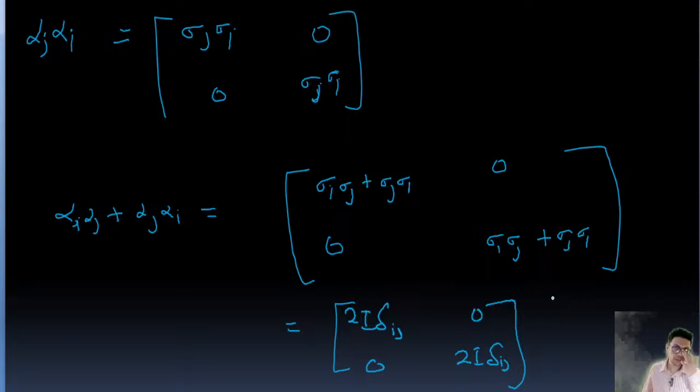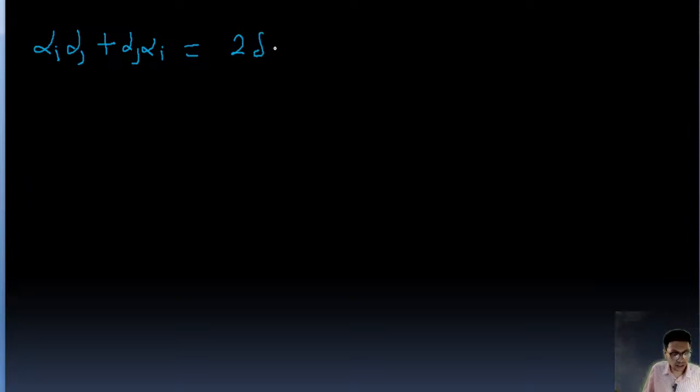I have already explained the Kronecker delta. So we can also write alpha_i alpha_j plus alpha_j alpha_i equal to 2 Kronecker delta_ij I.